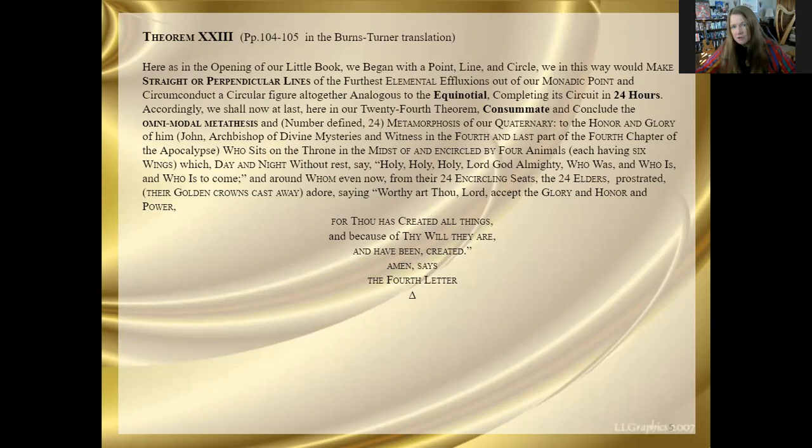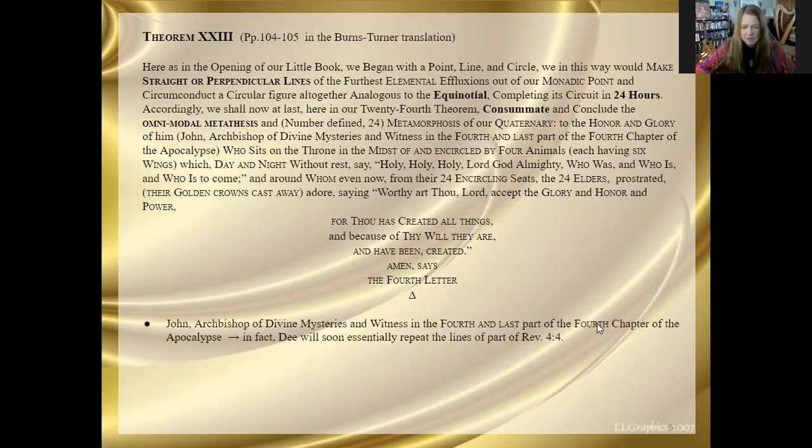Those of you who are in initiatory groups, I can't help but wonder if that double cube that many of you use is influenced by this, because I've talked about often how Dee has influenced Rosicrucianism, among other things.